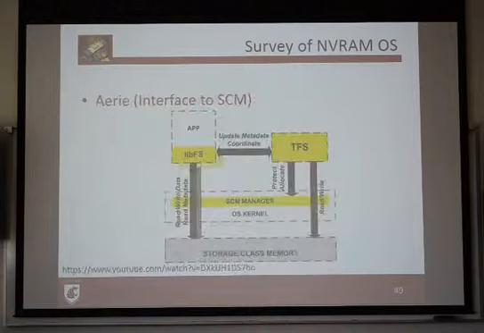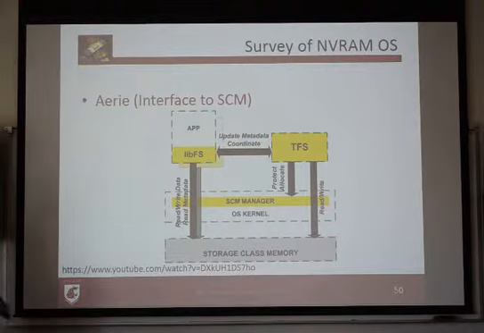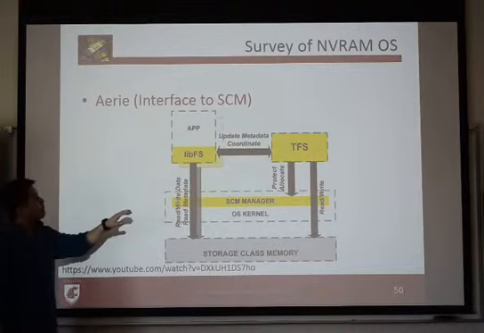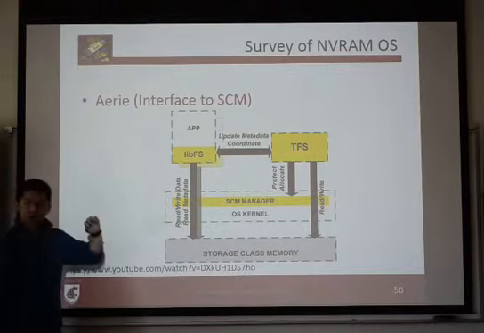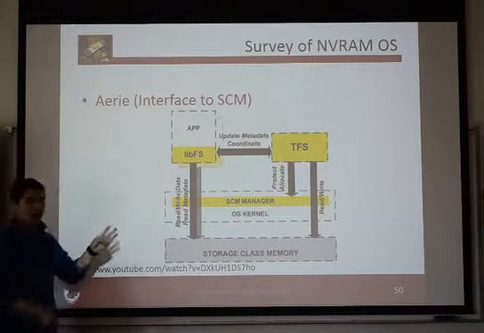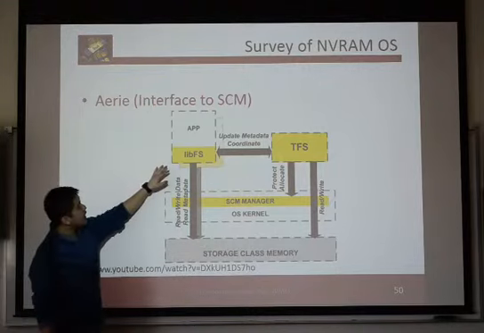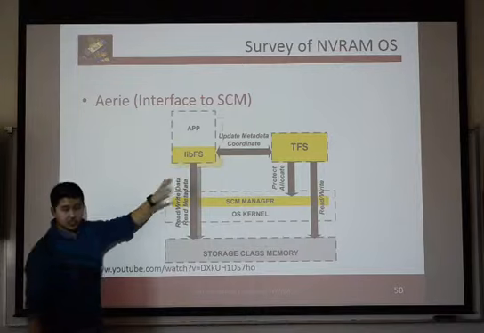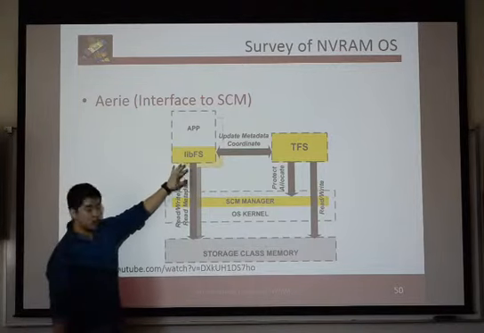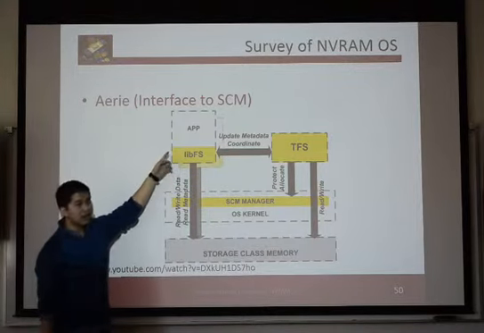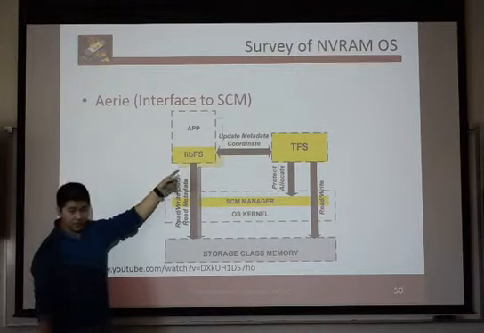Here's another system. It's going to be the last system I'm going to be talking about. It's called ARI. And they made 3 changes to the operating system. They believe that file system should just be a library, and you can make the app link to the library file system.